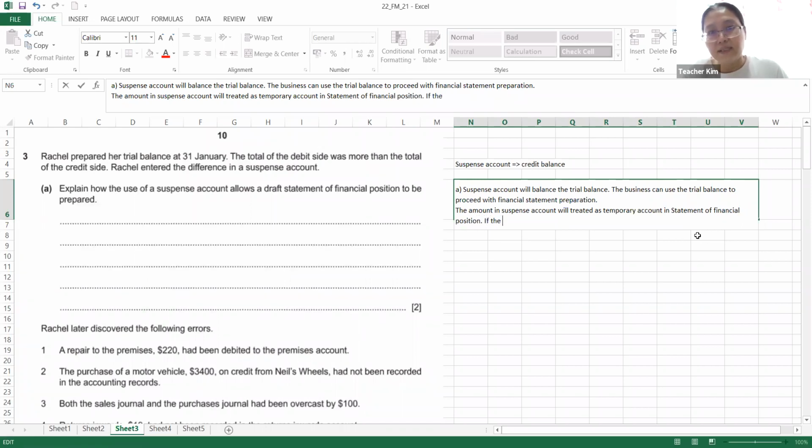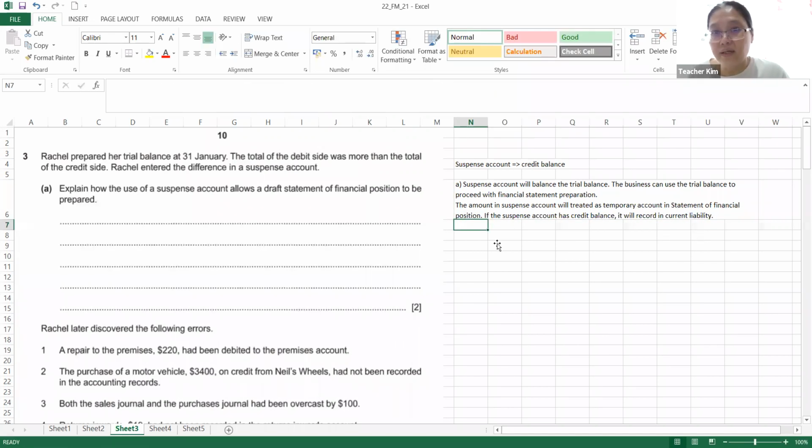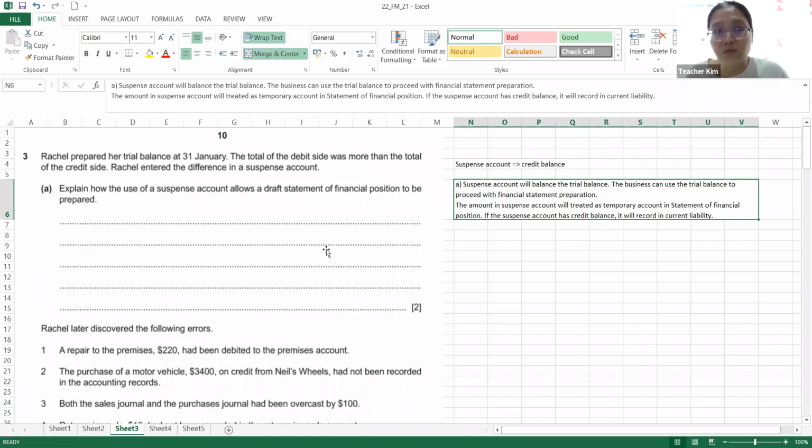In this question, the suspense is on the credit side. If the suspense account has a credit balance, it will be recorded in current liabilities. So this is a temporary account that we can use in order to prepare the statement of financial position.